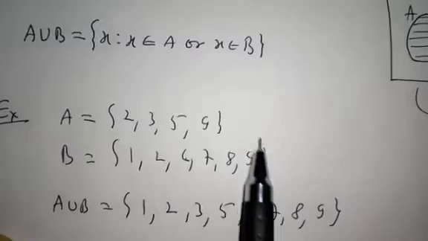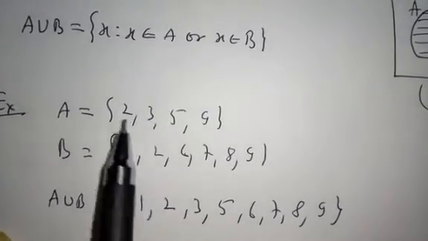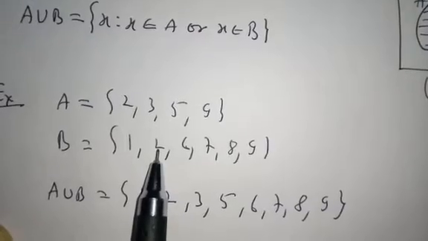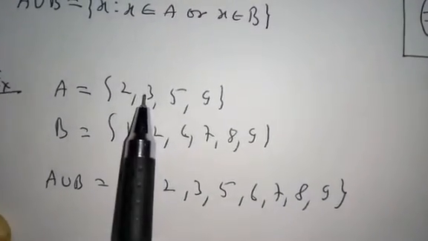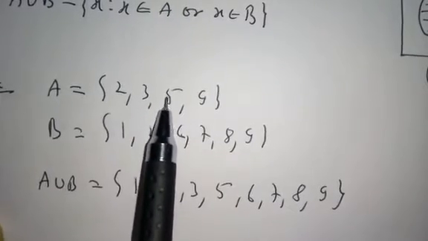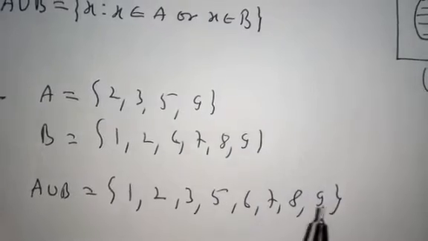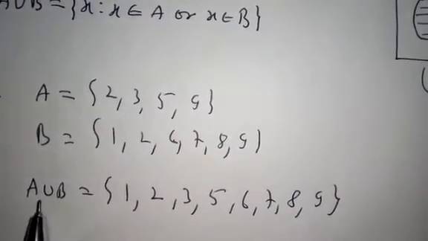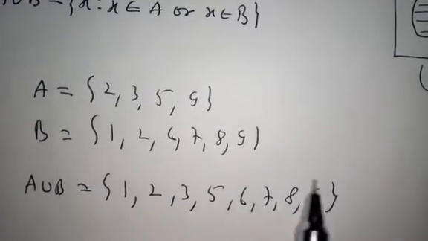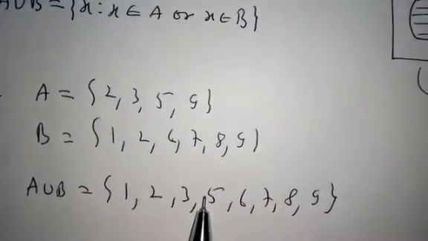We take all the elements of both sets: 1, 2 is in both. Repetition is not allowed in a set, that's why we take 2 only one time. Then 3, 5, 6, 7, 8, and 9 is repeating, so we take it only one time. So this is the union of the given sets A and B.